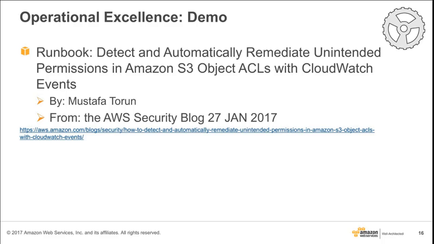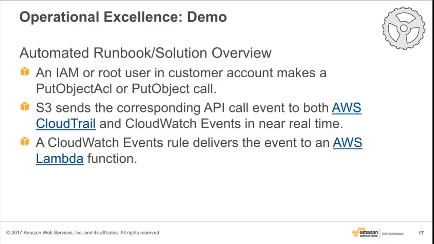I don't know if you know this, but most of the AWS security blog how-to guides are effectively runbooks. There's a goal and automation in place to satisfy that activity. This blog or runbook is intended to identify incorrect permissions with an S3 bucket and automatically address them.